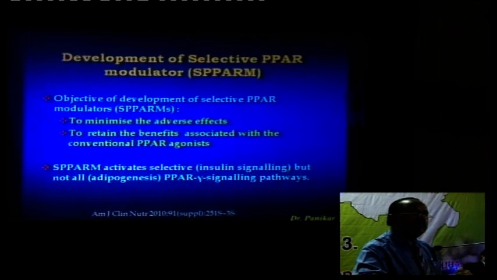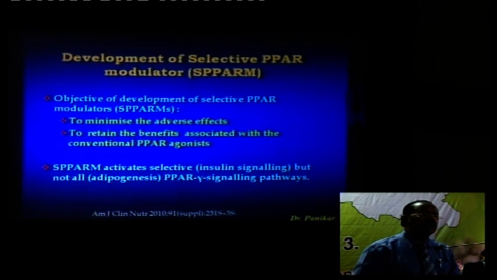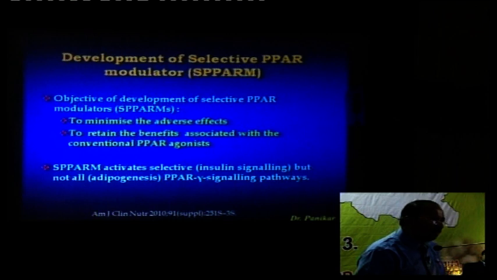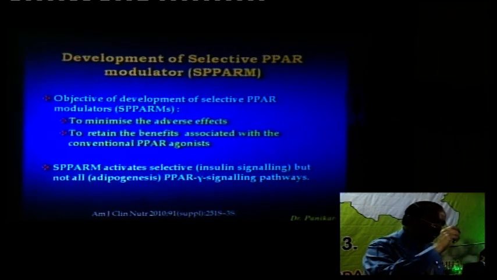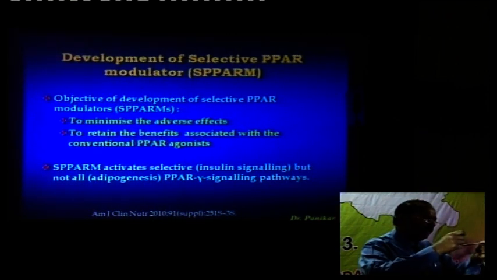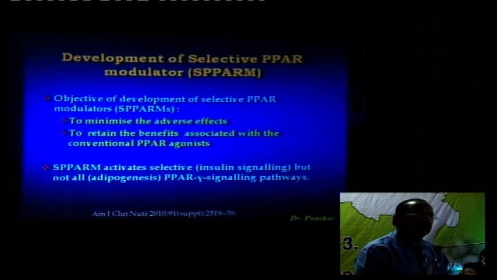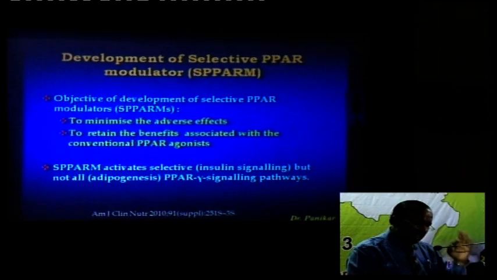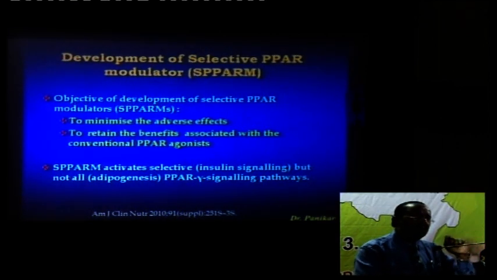What is a selective PPAR modulator? The objective of developing selective PPAR modulators was to minimize the adverse effects of glitazones. What are the adverse effects? You have fluid retention, obesity, and so on. To retain the benefits associated with conventional PPAR gamma agonists, SPAM activates selective insulin signaling, but not all adipogenesis PPAR gamma signaling pathways.